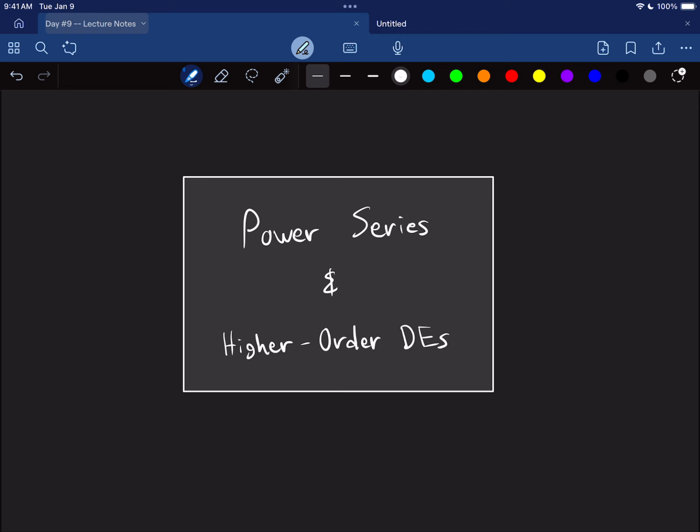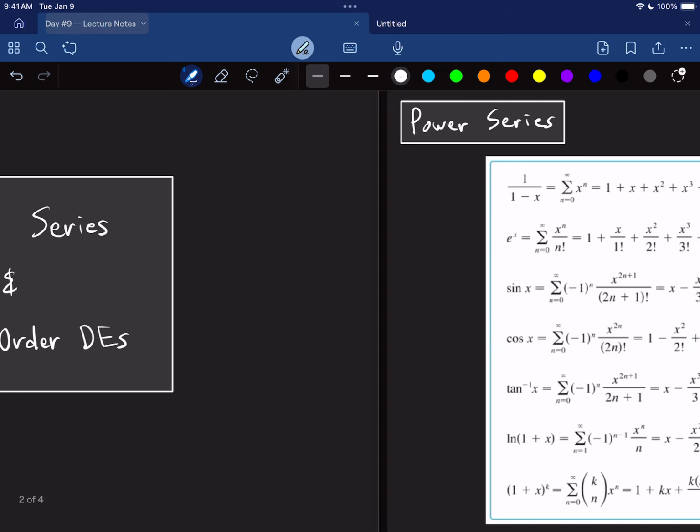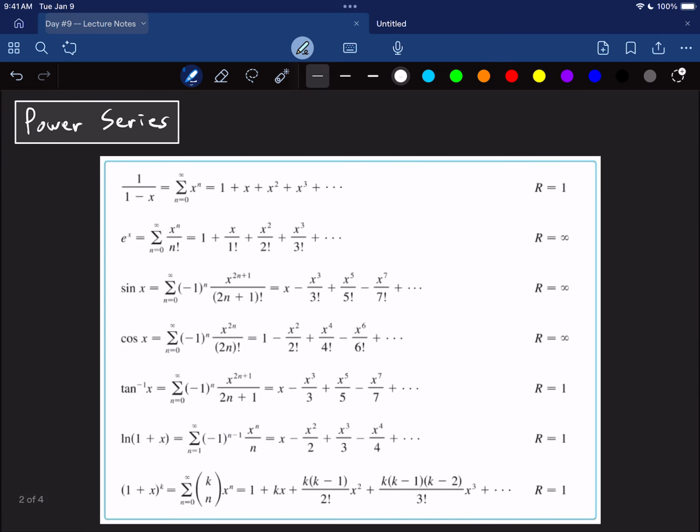So you will receive a cheat sheet of common power series. You will get that on your exam, so I'm not expecting you to memorize some of these known power series. It certainly helps if you do, but we obviously still have to be familiar with them.